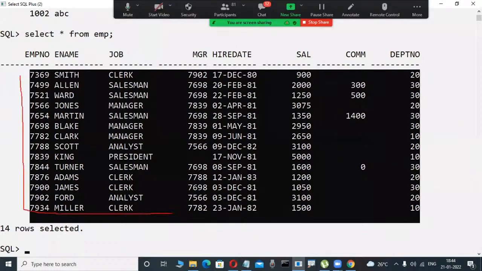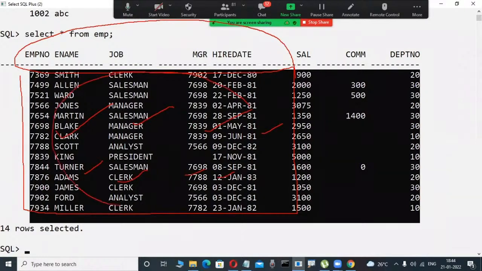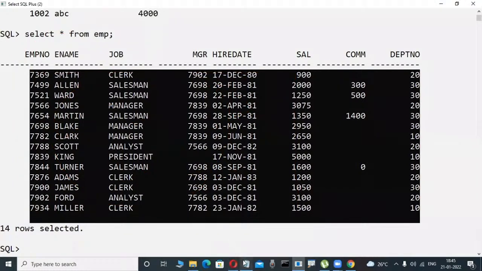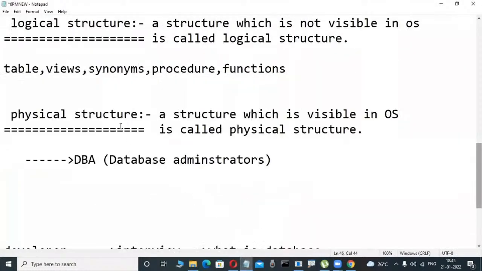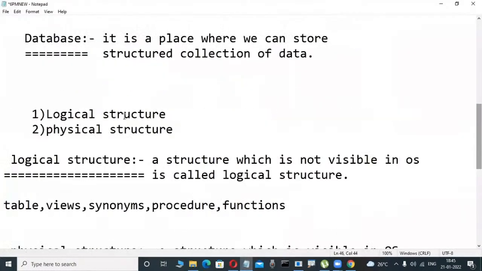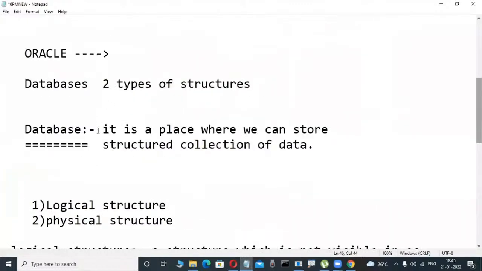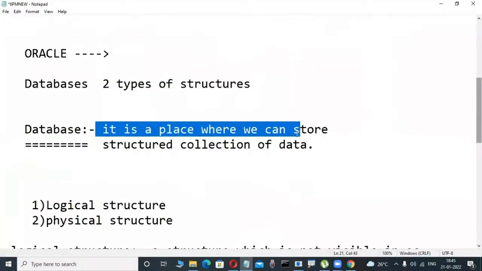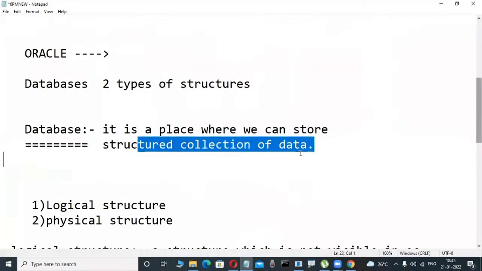Tables, views, procedures, functions, triggers, developers are well-acquainted with these. So a database is a place that stores a structured collection of data, because we learn the relational database, logical side. That's why, in books and when we type in Google what is a database, two definitions are there, but most developers write it is a place where we can store a structured collection of data.